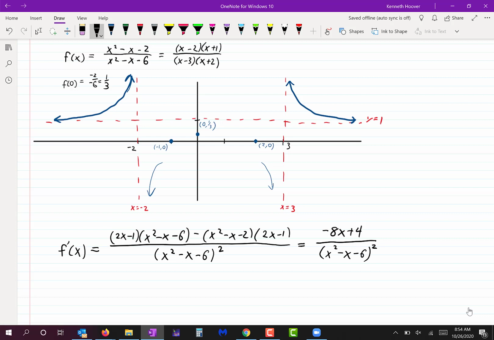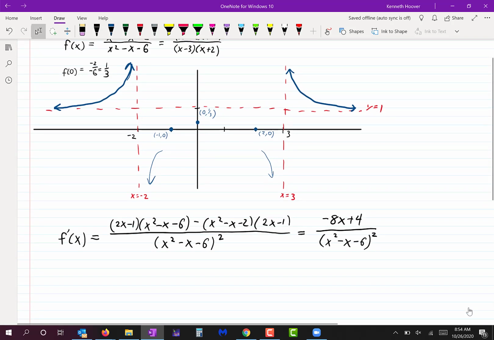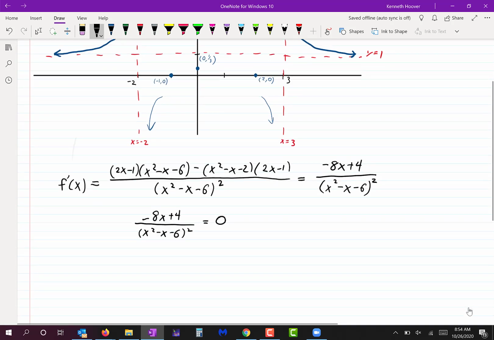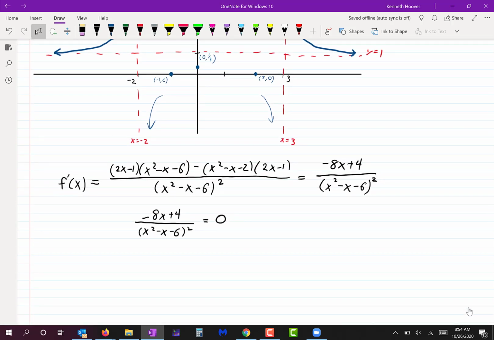How do we find critical points? I want to know where the derivative is equal to 0. So let's write negative 8x plus 4 divided by this equals 0. Multiply both sides by the denominator and it disappears, because once it hits the 0 on the right hand side it disappears.